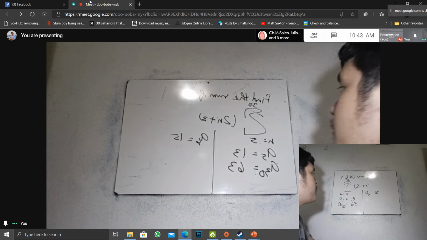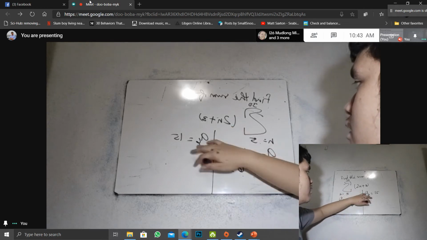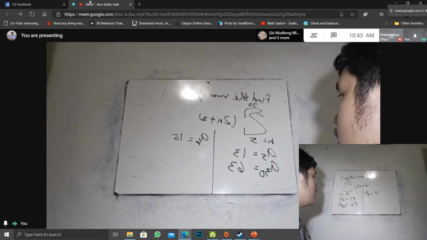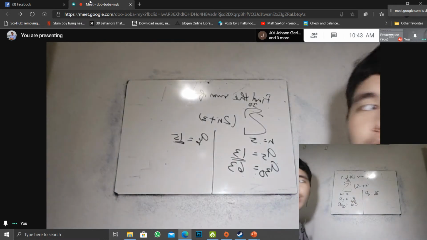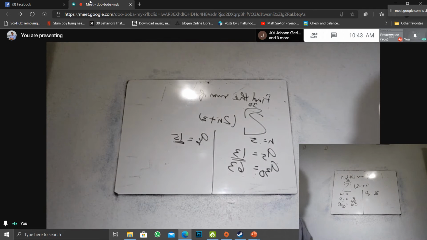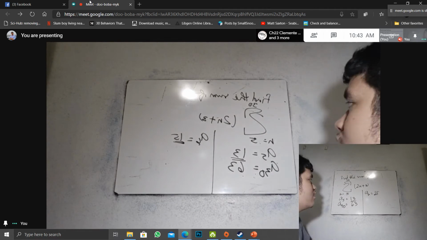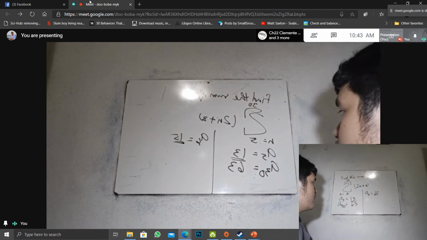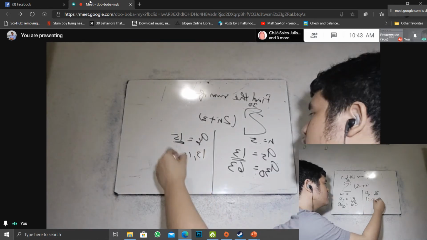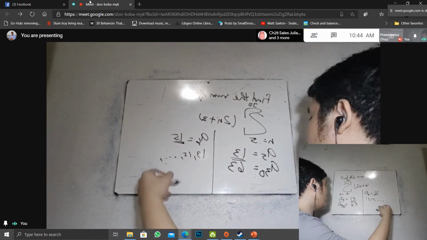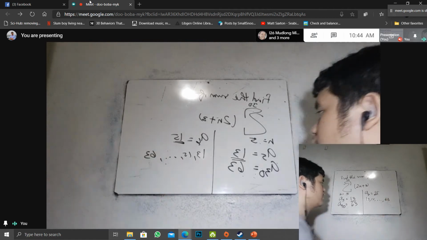Sorry, tama. 15. Ano yung common difference? 13 tsaka 15. 15 minus 13 is 2. So, ang hinahanap ko lang is the sum of 13, 15, blah, blah, blah, until 63. Yan yung hinahanap ko, guys.